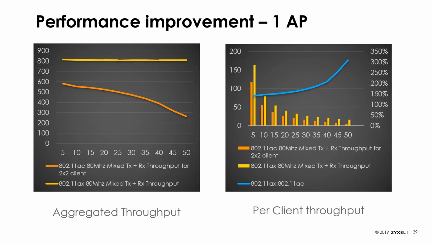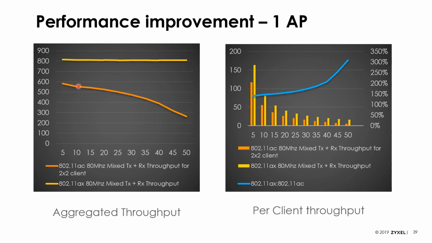So just as an illustration, AX versus AC. In these charts, we see megabits per second and how many clients are connected to the AP. As we see, and as we talked about earlier, as a result of these new technologies, AX keeps a steady performance even though a lot more clients are connected.